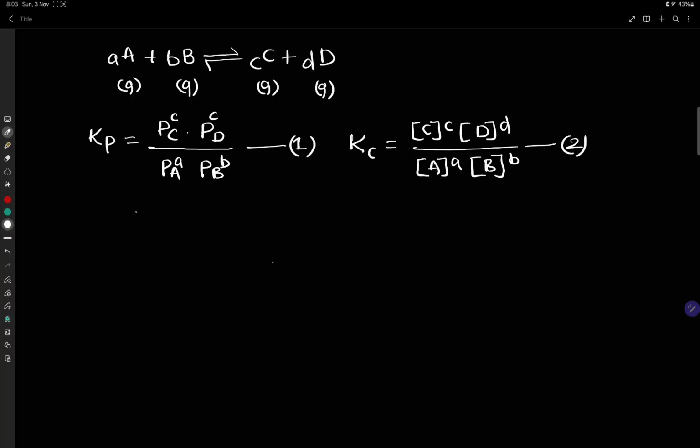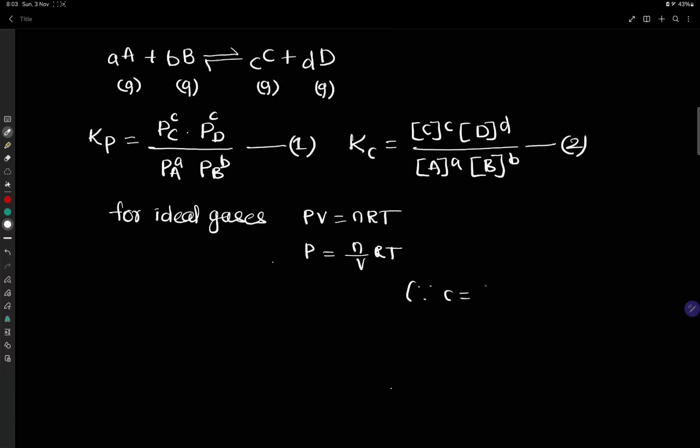So do one thing. For ideal gases, what is the ideal gas equation? Ideal gases follow this condition, PV is equal to nRT. Then P is equal to n by V into RT. Since concentration is the ratio between number of moles and volume of the solution, we can also write pressure is equal to concentration into RT.